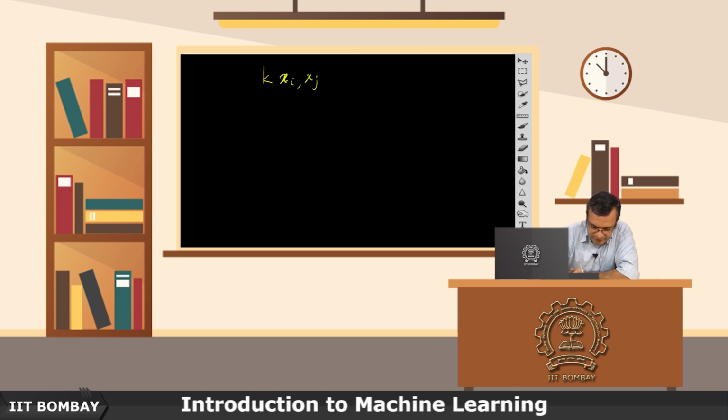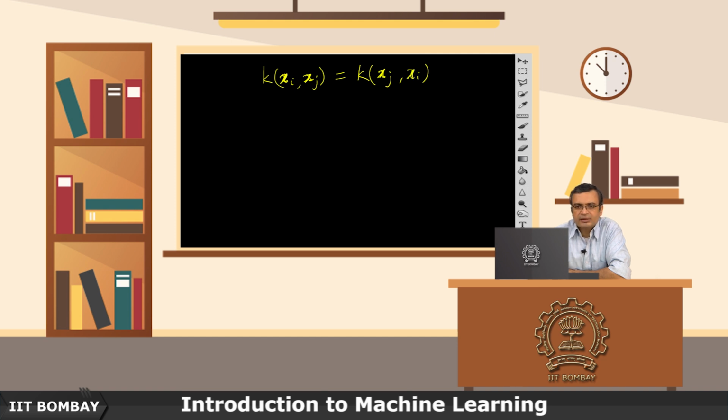So I'll write this in bold because these are vectors, these are not dimensions, these are vectors. Okay. So it's a function of two different data points with the following properties: that it is symmetric, okay, and it measures some sort of a similarity between xi and xj. That means it will likely have high value when xi and xj are the same, and it will have low value when xi and xj are very different from each other.